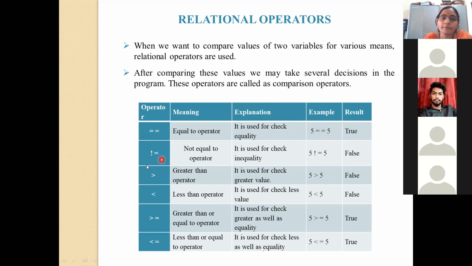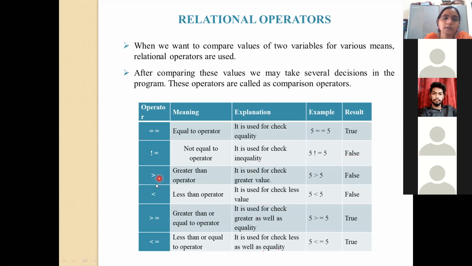This is the symbol of not equal to, an exclamation sign and an equal sign. It is generally used to check the inequality of numbers. And here I use the same value. 5 is not equal to 5. False, because 5 equal to 5 is true. So not equal to is false.